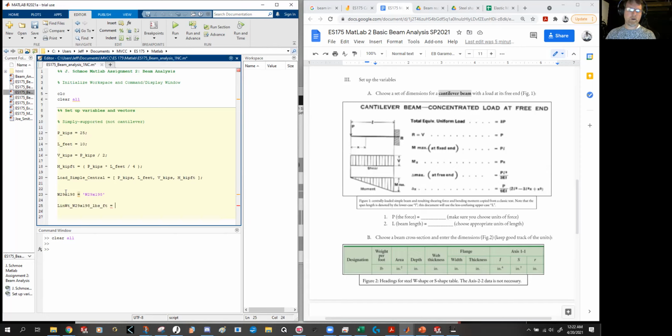So it's pounds per foot, and it's going to be 200. All right. Next, area underscore, and that's going to be in inches squared, equals 60.